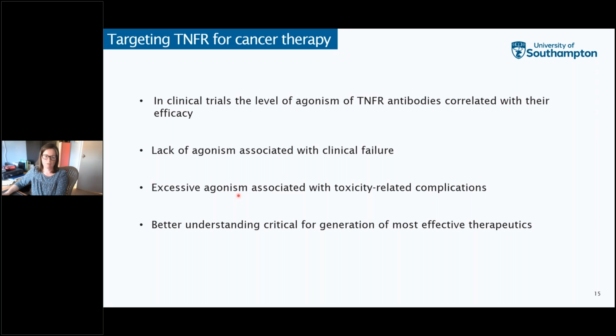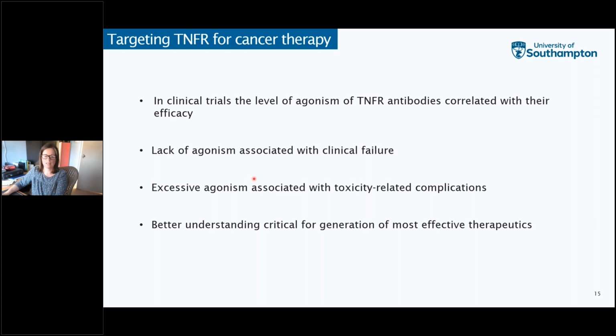So many anti-CD40 antibodies and other TNFR antibodies have been investigated, and some are being used in clinical trials. Not surprisingly, the level of agonism, that is how good the antibody is at activating the receptor, correlates with their efficacy.